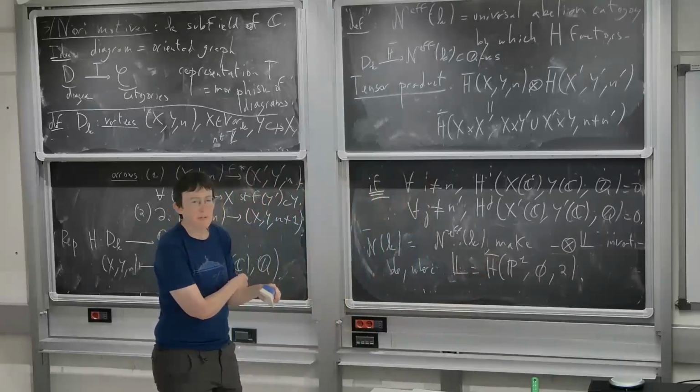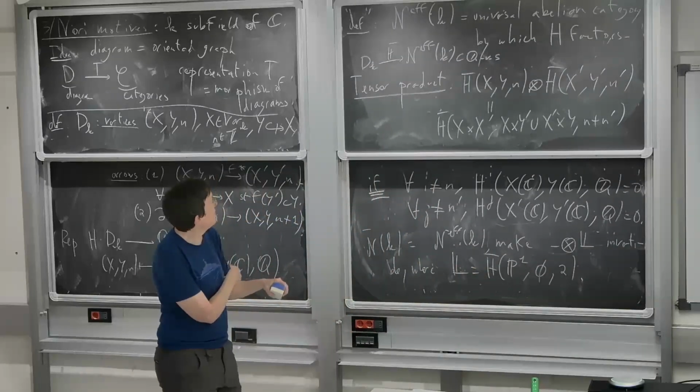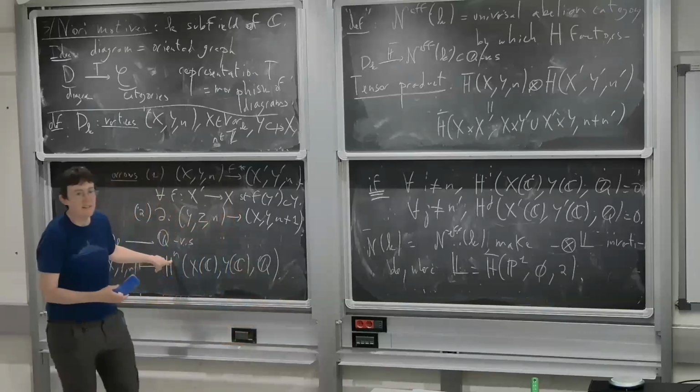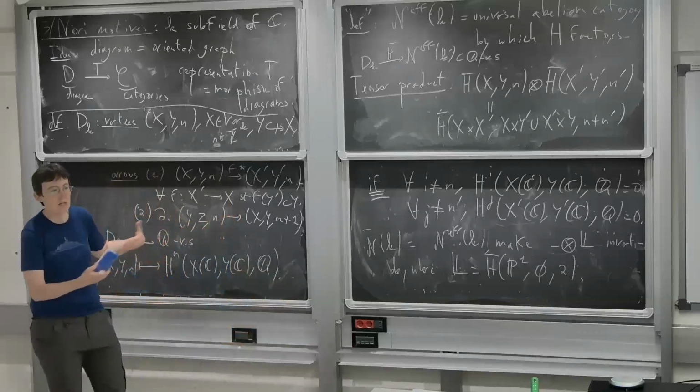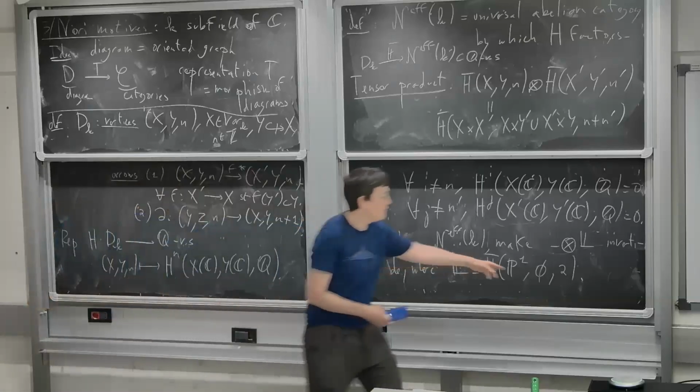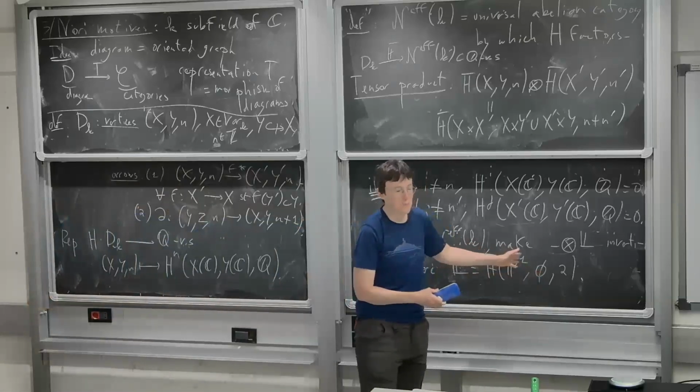I mean, it doesn't matter because you're only taking H2. So the reason you pointed it, if you're doing Voevodsky motives, you are triangulated, so you get the whole homology complex. So you have to get rid of the H0. But in the Nori thing, you see X, Y, n goes to Hn. So you're kind of forcing the Hn to be separated in your category. I mean, I can put infinity here if it makes you feel better, but it won't change the results.